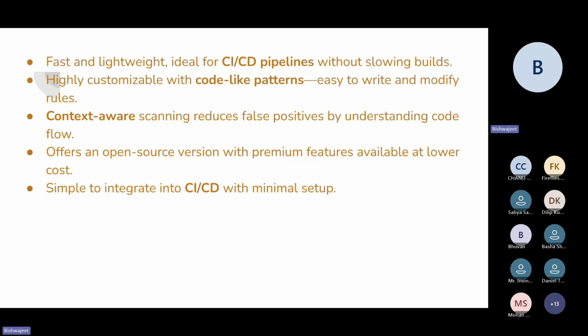Whenever you give a code as input, you see the flow of the code, right? You understand the flow of the code, and to identify vulnerabilities, you also need to understand the flow of the code. So writing rules in Semgrep is just as intuitive.